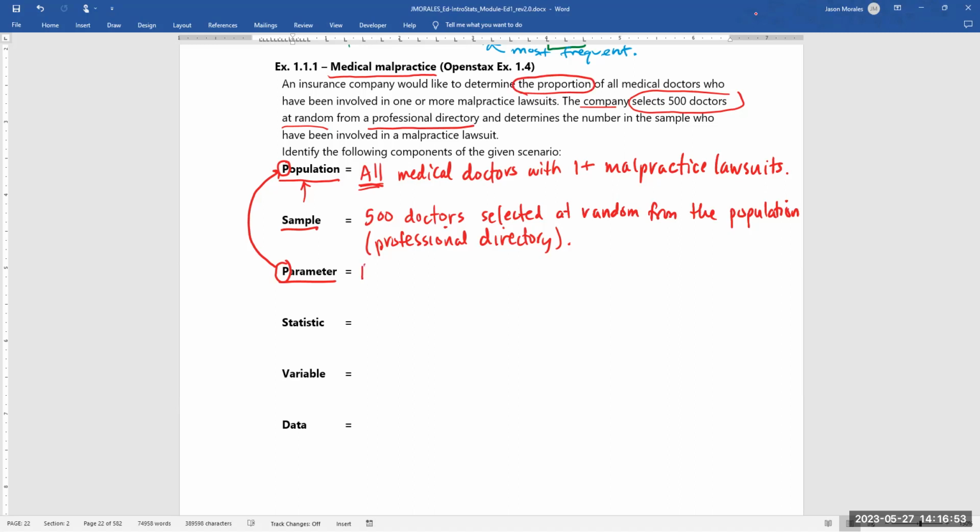So the parameter is the proportion, which will be a percentage, of medical doctors with one or more malpractice lawsuits in the population.